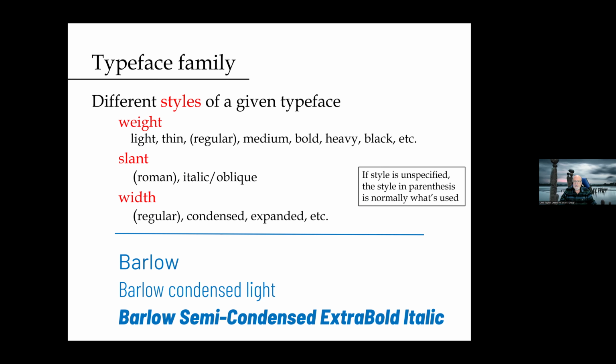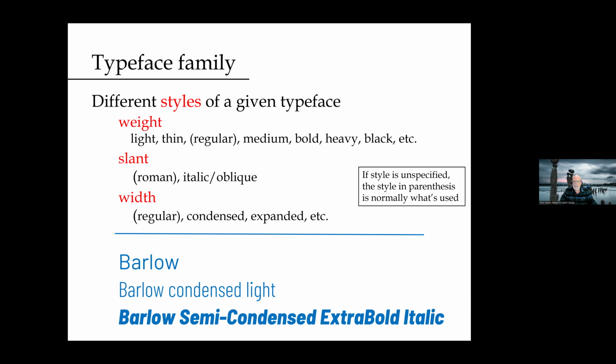A typeface family is when you have a particular typeface and you have different styles. And the 3 different styles that you'll have are weight, slant, and width. And if you have one typeface family where it's not defined, it'll be what is in parentheses in there. So the weight would be regular, slant will be Roman, and width will be regular.